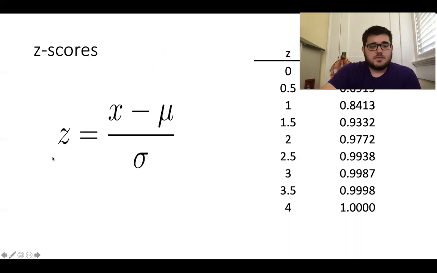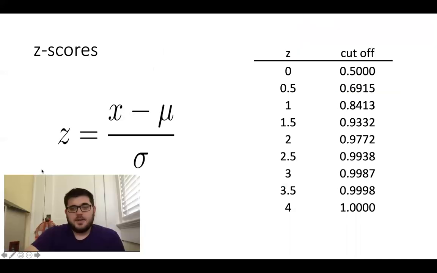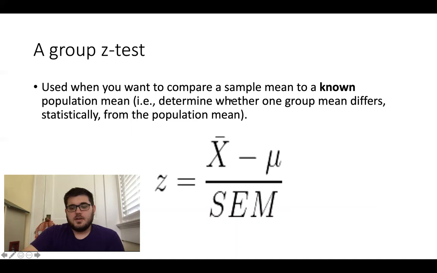And each Z-score cuts off a certain percentage of the normal distribution. So if you have a Z-score of 0, that cuts off the bottom 50% of the normal distribution. It also cuts off the top 50%. It cuts the distribution exactly in half. If you have a Z-score of 0.5, that cuts off the bottom roughly 70% of the distribution.